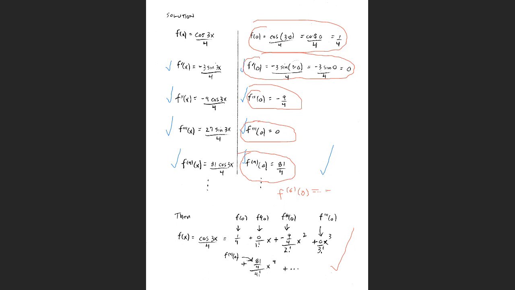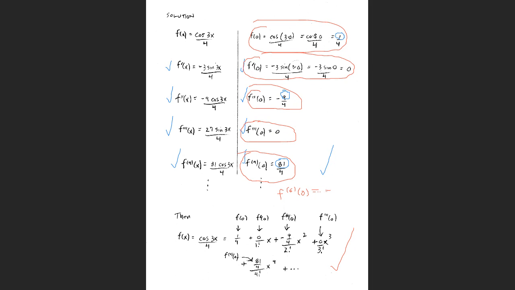The denominator seems to be always 4, right? But look at the numerators. The numerator went from a 1, a negative 9, but we know it's an alternating series, we have a 1, we have a 9, we have an 81. So I'm looking at the non-zero coefficients.